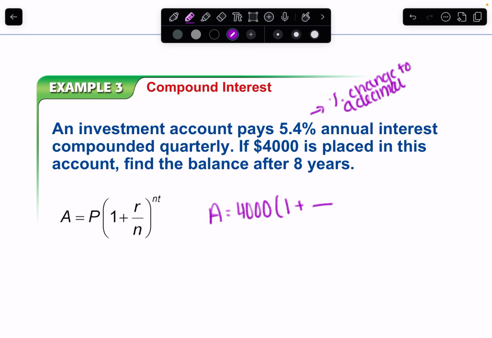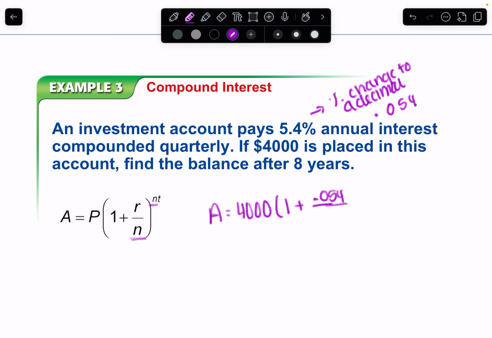So 5.4% as a decimal is going to end up being 0.054. Then it tells you the number of times it is compounded. So you will notice there's an N here and an N here. Both of those are the same number.